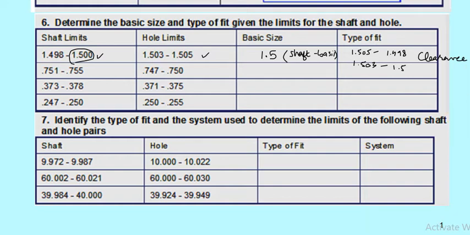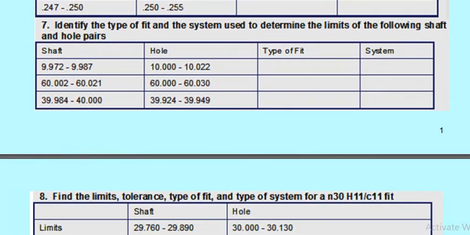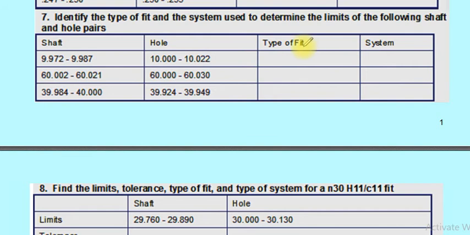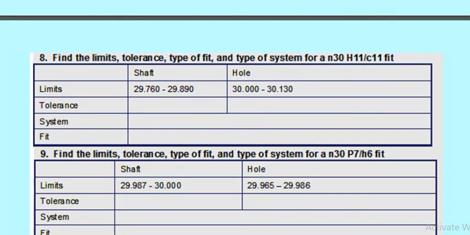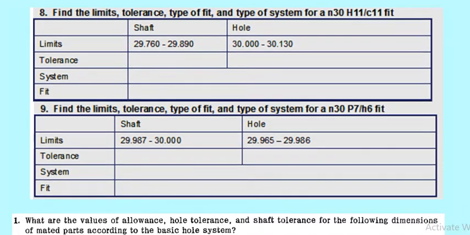Likewise, if you go further down, you will see another table. So here, type of fit and system. System means either it is hole basis or it is shaft basis. So you have to write that as well. For example, for the first one I have written it is the hole basis. Now you have a couple more tables here to fill.